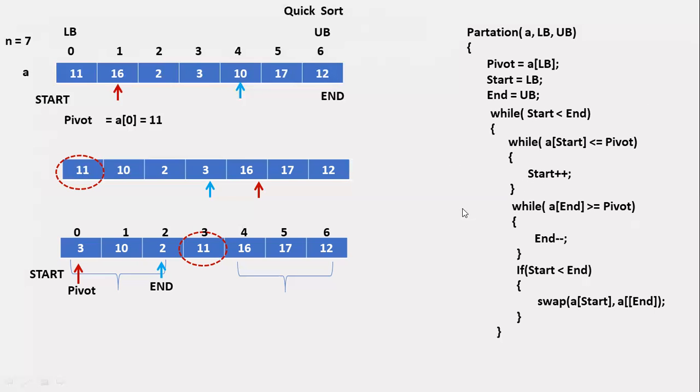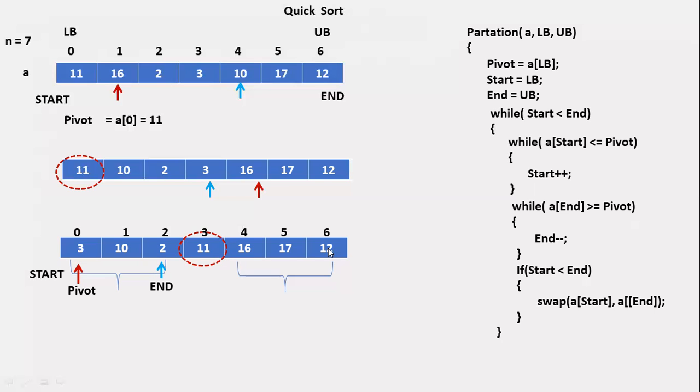And we have to swap the pivot element with the end element. So here, if the condition is false, that is start value is not less than end, start value is greater than the end value, then what we do? We have to shift this 3 I brought here and this 11 I brought here.